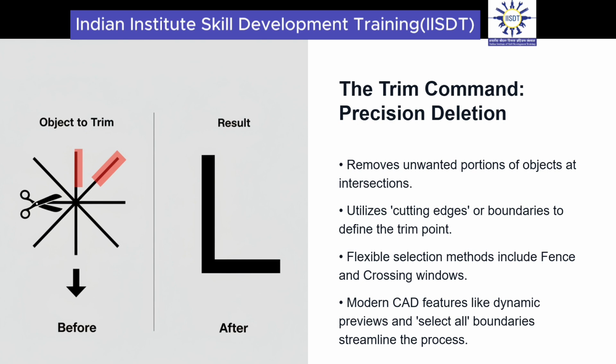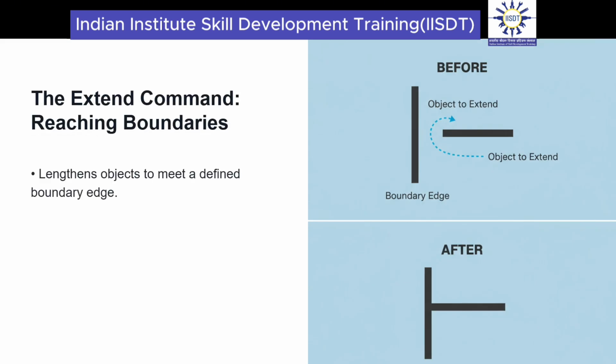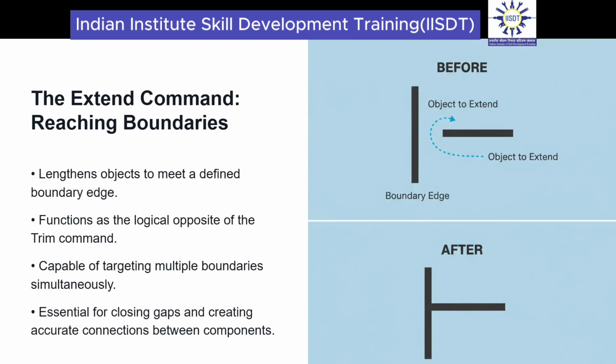This is enhanced by dynamic previews, which highlight the segment that will be trimmed before you even click, virtually eliminating errors and guesswork. Mastering these various methods allows you to approach any cleanup task with the most efficient technique, saving valuable time.